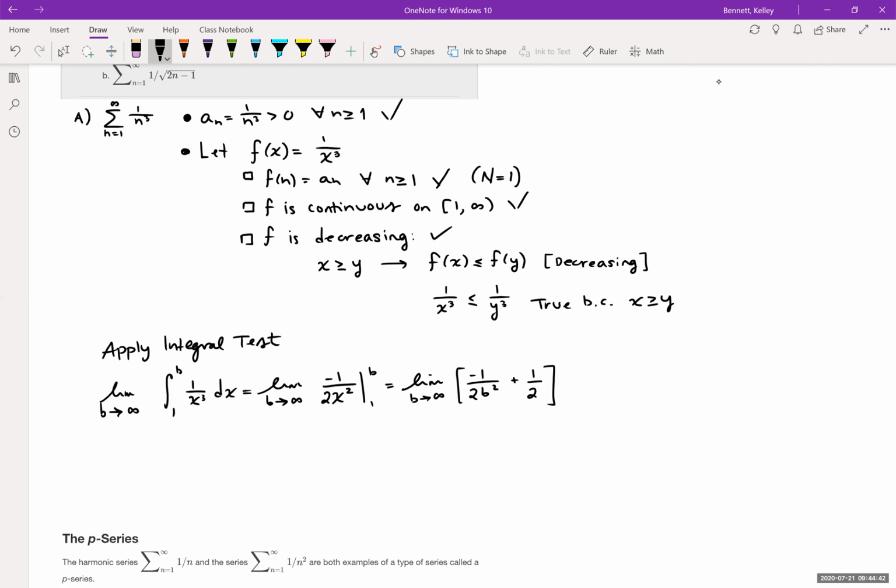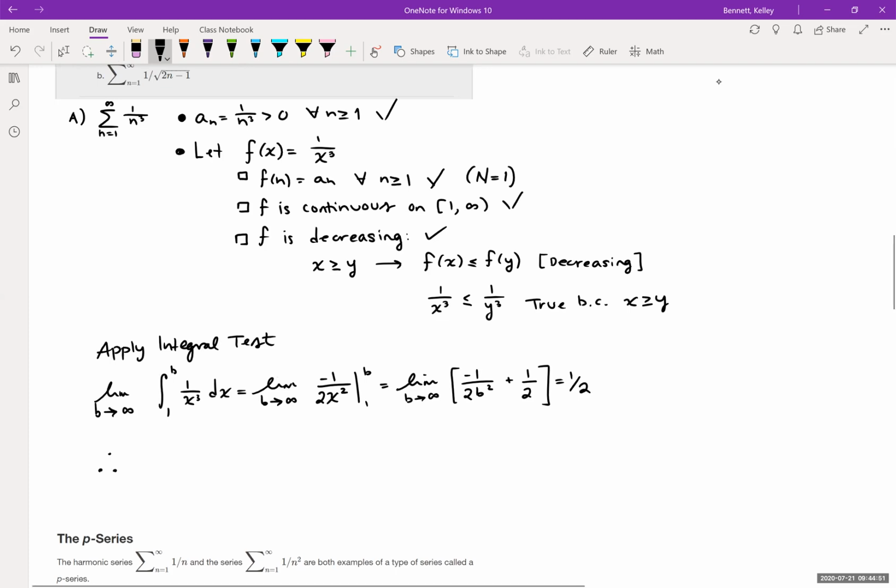So really, if I was being extra careful, I would write this. And as b goes to infinity, this is just 1/2. So you can conclude that since the integral converged, the series will also converge.